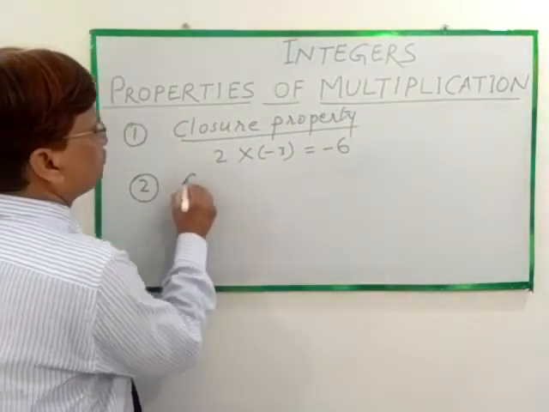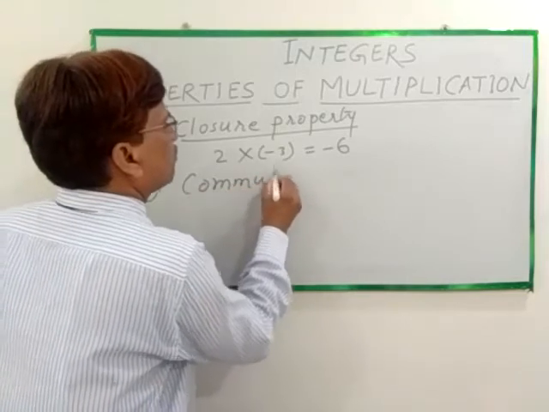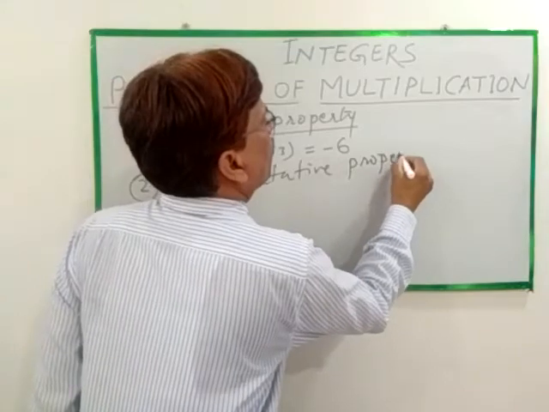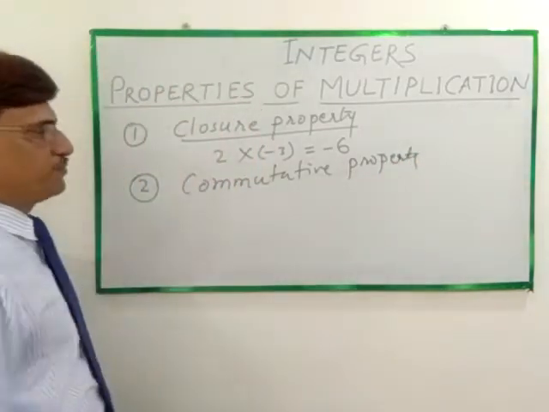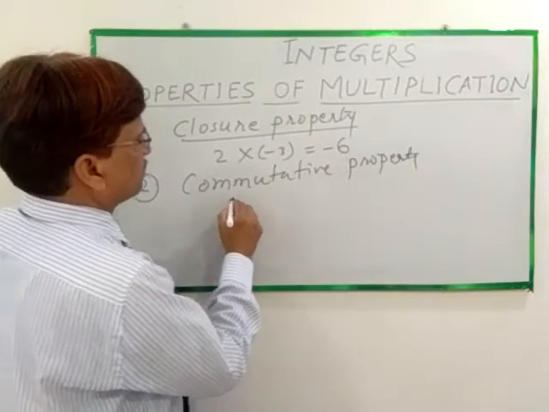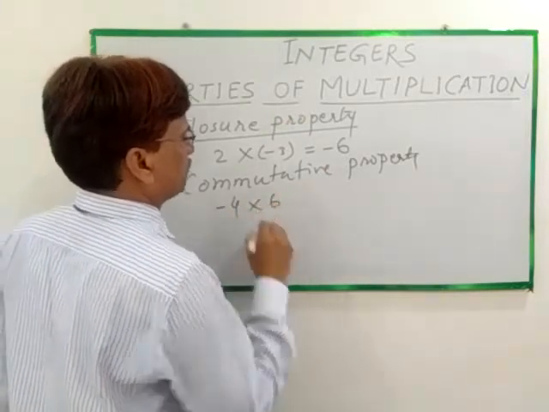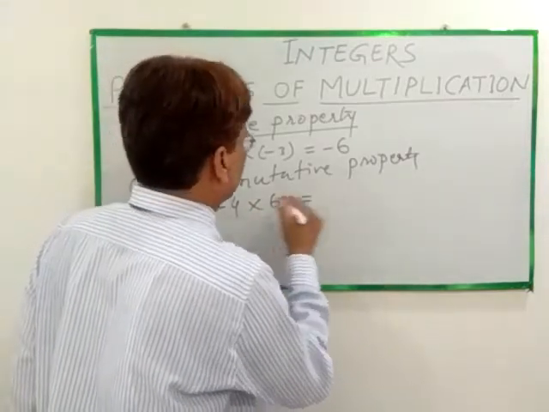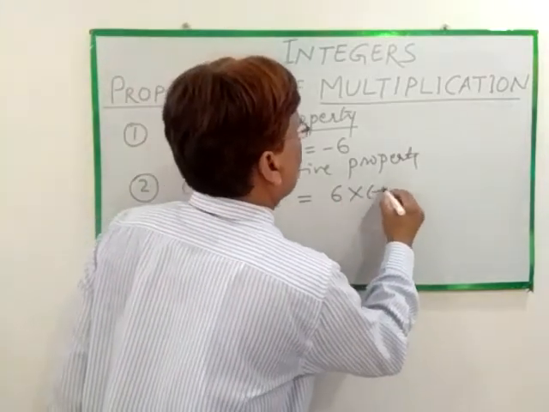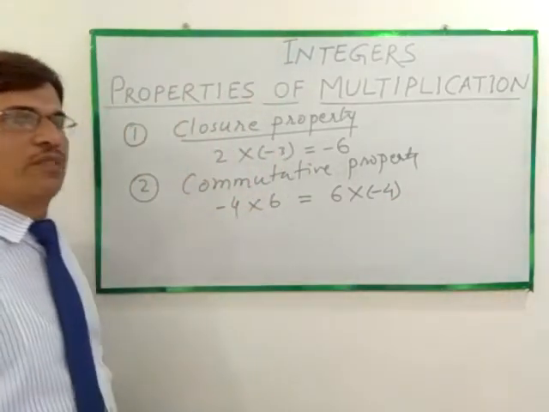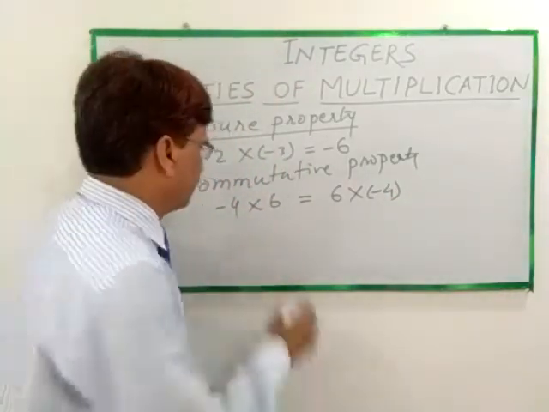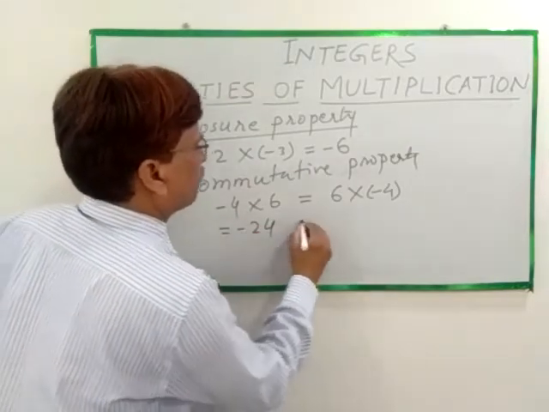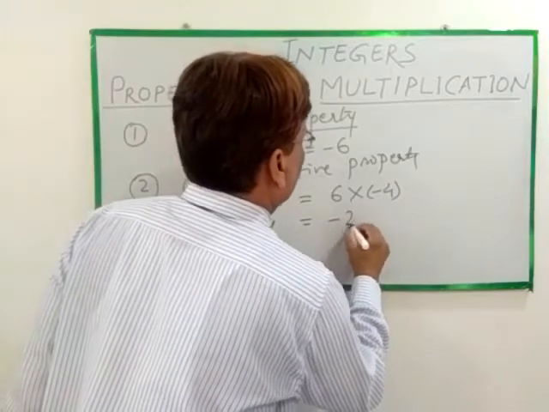Second, commutative property. If we take two numbers, -4 into 6, and we change the order, 6 into -4, you will see -4 into 6 is -24, 6 into -4 is -24.